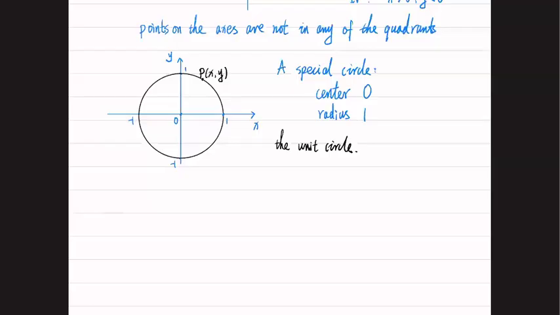Jessica, what's the distance from a point on the circle to the origin? The radius. The radius is 1, so the distance is 1. What's the formula for the distance? So OP. If we connect this, we have this is 1.